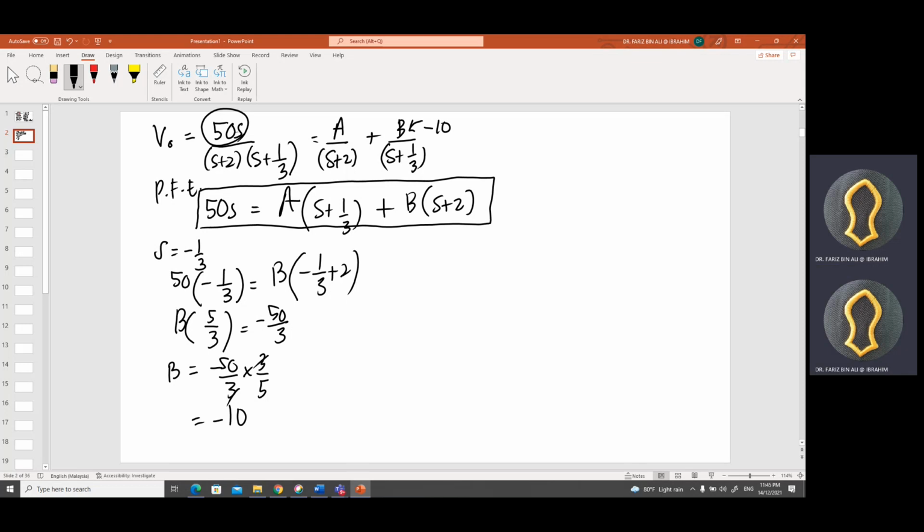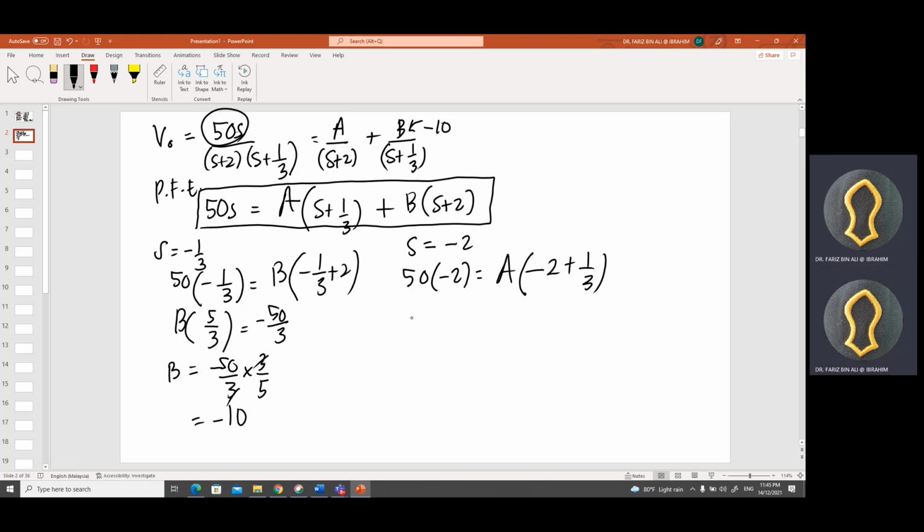Now I want to get my A. So what is the value that I can put in? You can put in the value with s equal to minus 2. Because if I put s equal to minus 2, then B will be gone. All right, so 50 times minus 2 equal to A in bracket (minus 2 plus 1 over 3).